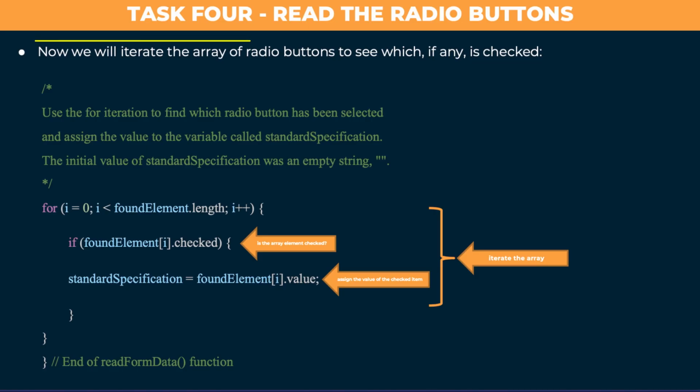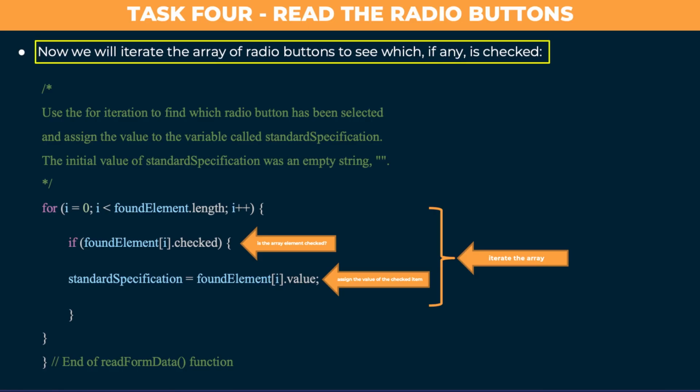So now we will iterate the array of radio buttons. So we'll find the array by saying I want to find the element with a particular name, and there's going to be 2 or 3 depending on the number of buttons, and we want to then iterate. So we're going to iterate the find element, and how many times do we need to do that?